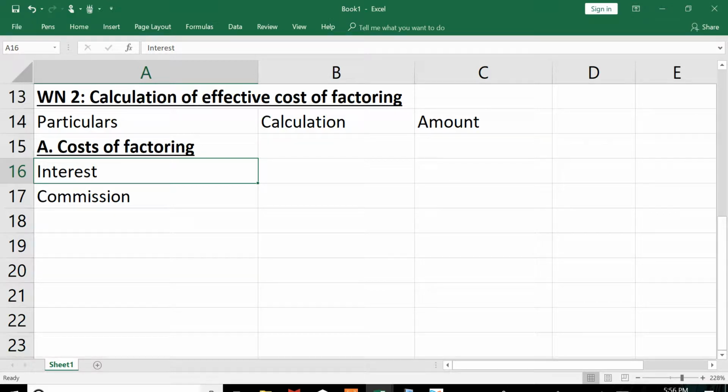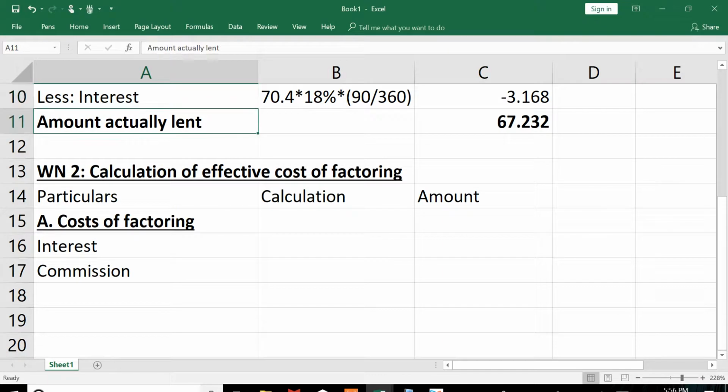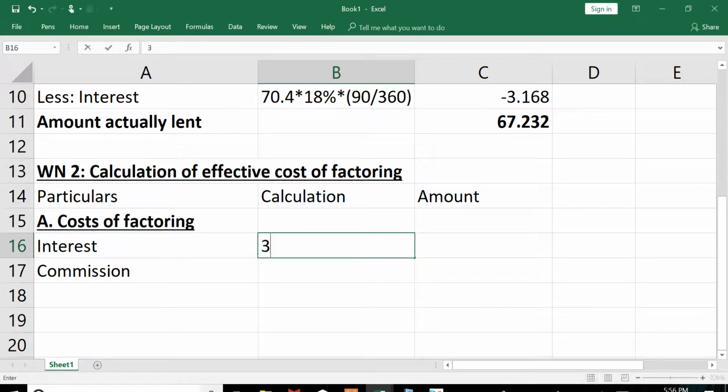Now what you do for interest is, whatever you write in working note 1, 3.168 into 360 divided by 90. What was computed above was for 90 days.